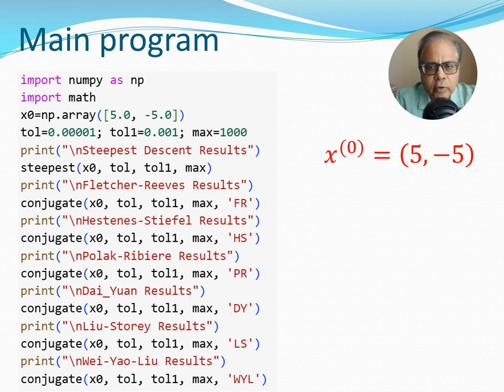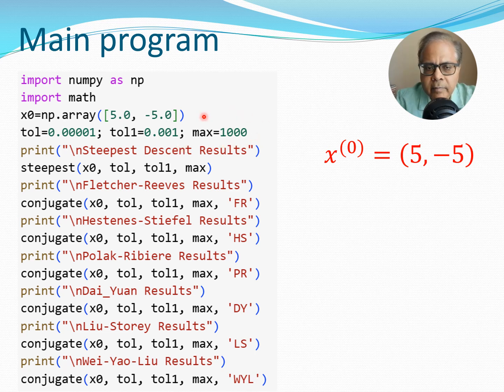So let's take a look at the main program. So in this program, we are of course going to start from the point x0 is 5, minus 5. So I have put that here, and I need to import numpy and math. Now I give some values here, the tolerance numbers, the small numbers here, to essentially monitor the convergence of the gradient of the function as well as the one-dimensional search.